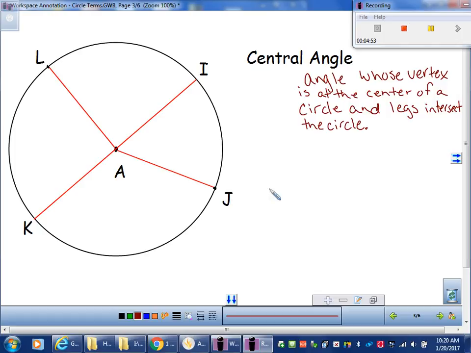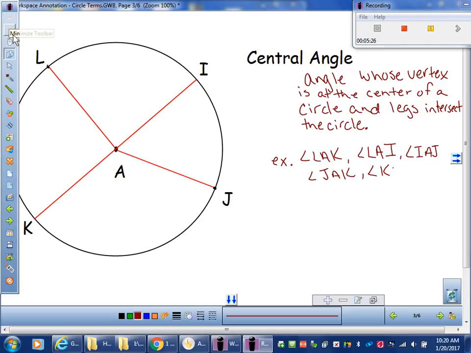So here we have quite a few central angles. Our examples of central angles here would be angle LAK, angle LAI, angle IAJ, angle JAK, and angle KAL.